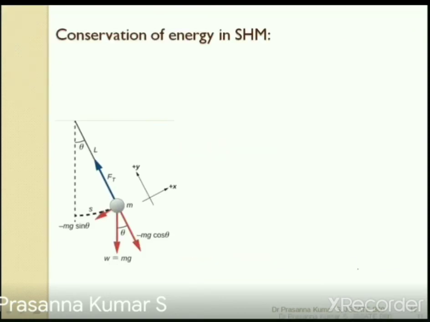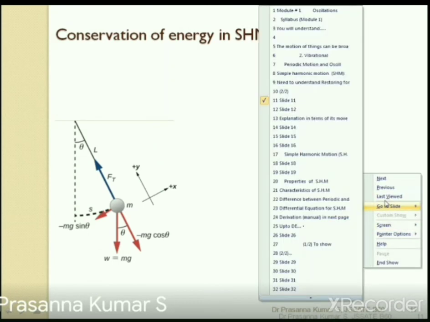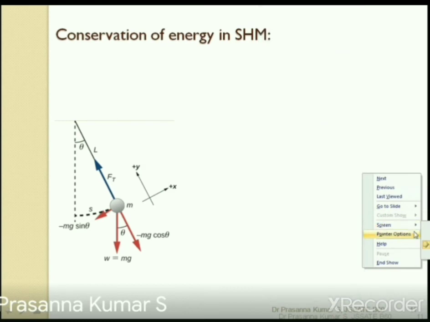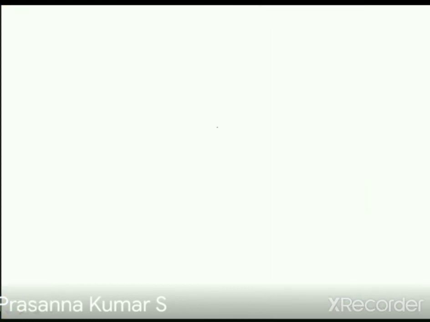We already explained the conservation of energy, that kinetic energy converts to potential energy and potential energy into kinetic energy. If you plot the kinetic and potential energy, it looks like this. I use the pendulum every time.